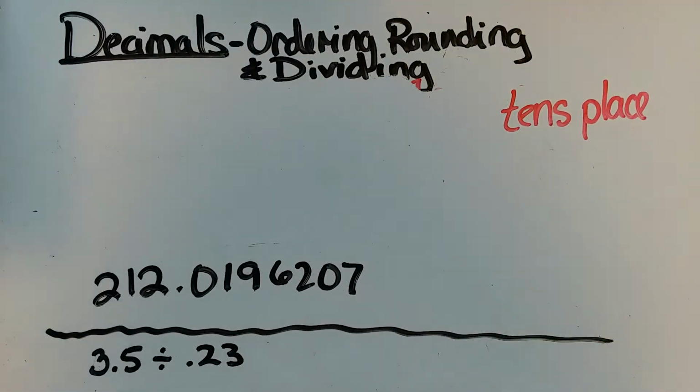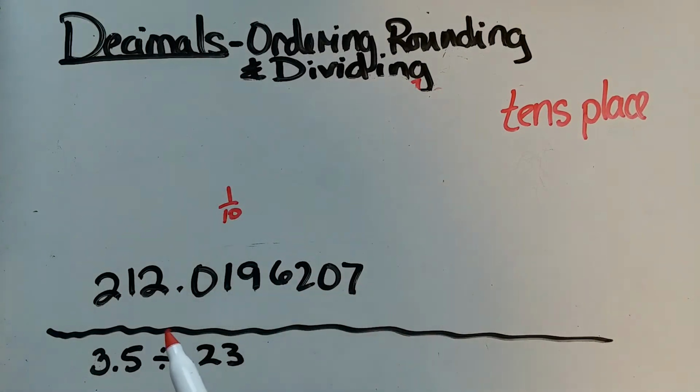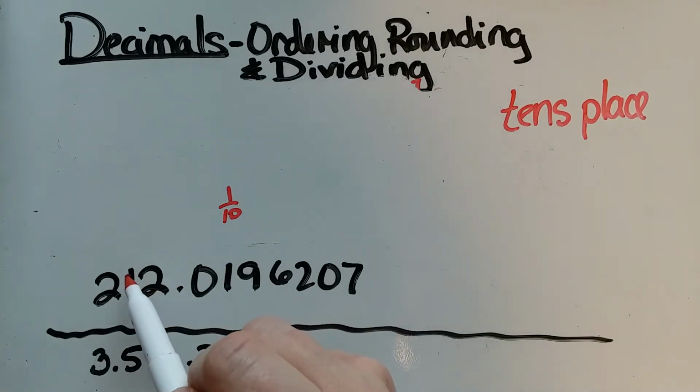Okay, so where is the tens place? It's all relative to the decimal here. So this is the tenths place, which means 1 over 10. And this is the ones place, and this is the tens.